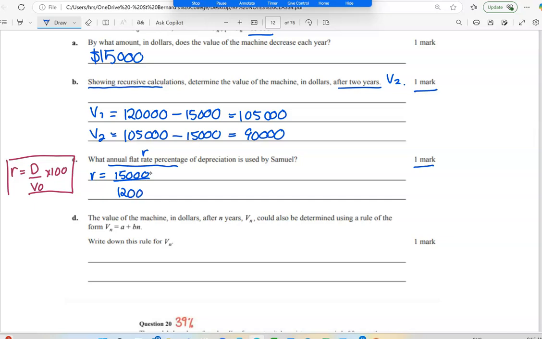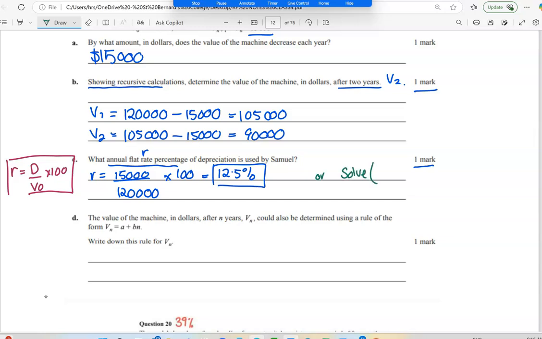So we knew D was 15,000, V0 was that, times 100 equals 12.5%. So this would work if you were asked to show that the rate is 12.5%, you have to use that formula. Because this one didn't say show, you could have used solve.